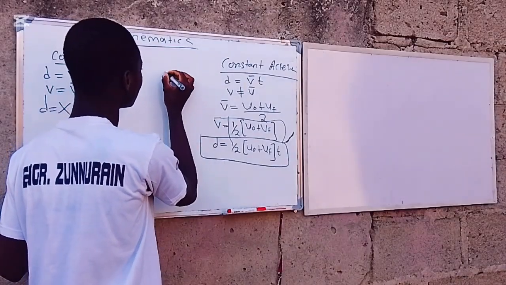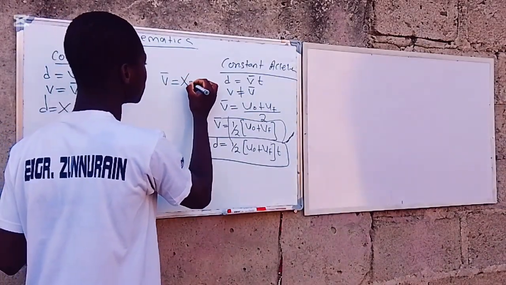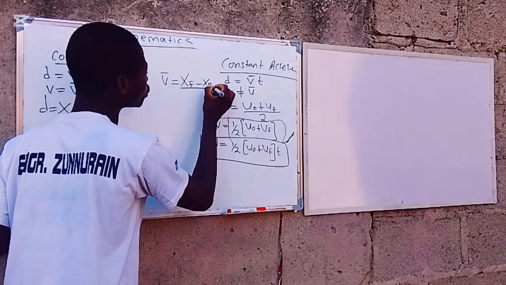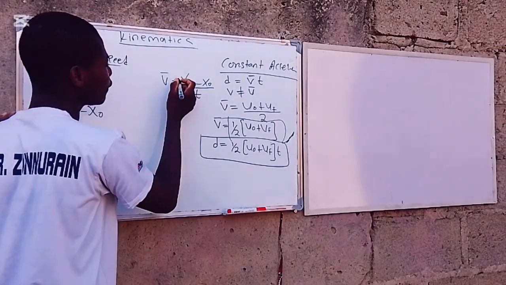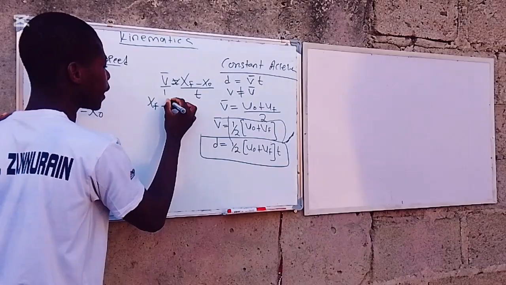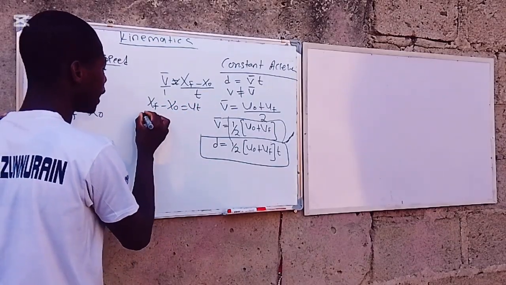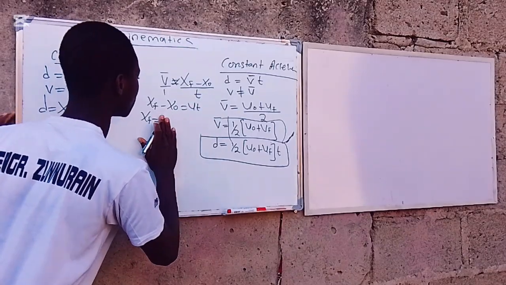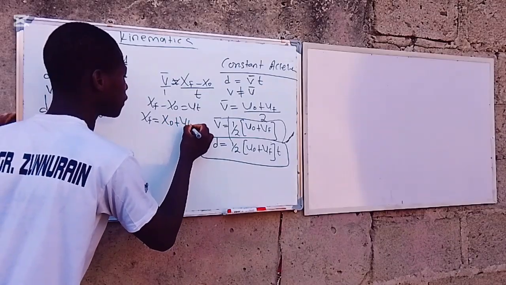Also, the average velocity is the same thing as the final position minus the initial position divided by the value of time. So if I am to find the value of xf, xf minus x0 is equal to vt. Xf shall now be equal to, let me say this shall now cross the equal sign, it will become x0 plus vt.